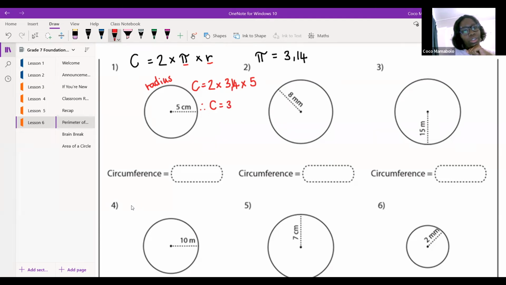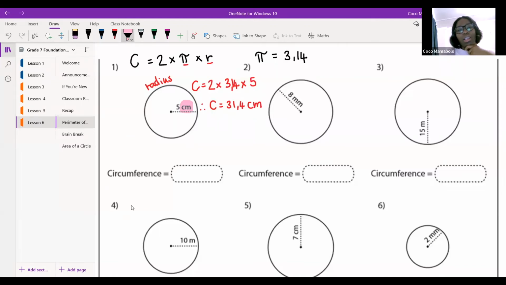Okay, it's 31,4 centimeters. And the reason why we use centimeters is because my radius is in centimeters. And the therefore, I did not forget the therefore. That's okay, Tyler. I hope you understand though.